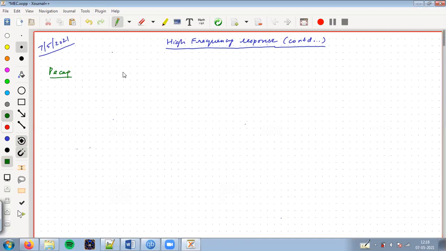In the last class we discussed how to find out the 3 dB frequency, the cutoff frequency, of the high frequency response of an amplifier, a MOSFET amplifier.